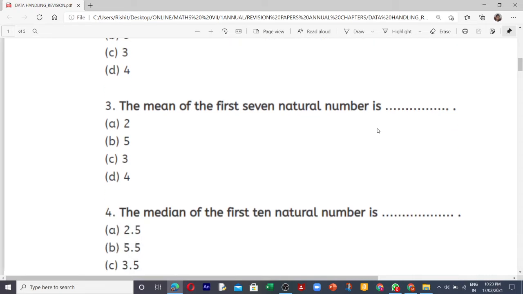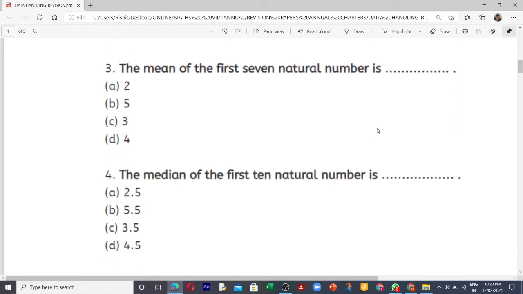Now let's see the next, question number 4. Median of the first 10 natural numbers. It will take time, children, so I am also waiting for you. Write down the first 10 natural numbers first and then do it. Okay, now it is 10.